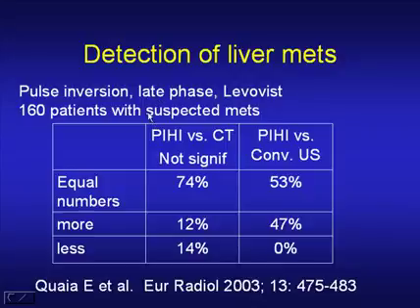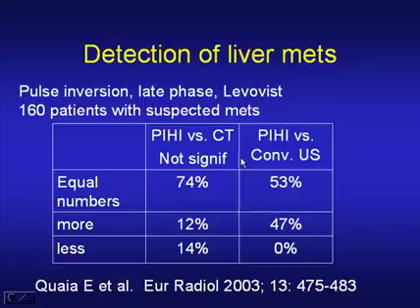And what this study shows is that the pulse inversion contrast imaging at ultrasound is significantly better than conventional ultrasound, showing many, many more lesions, and is also capable of performing almost identically to what was then state-of-the-art CT imaging.